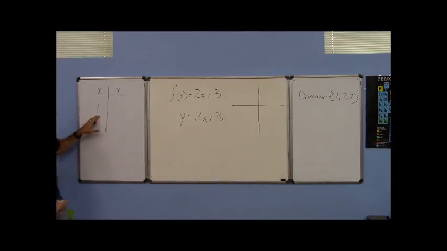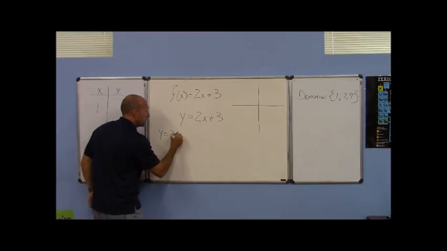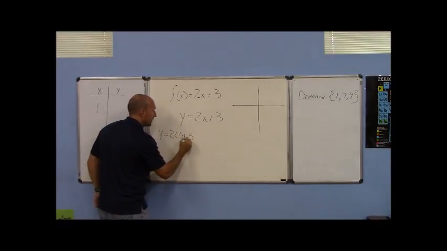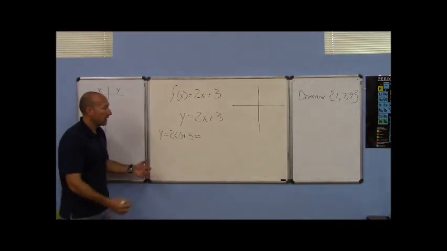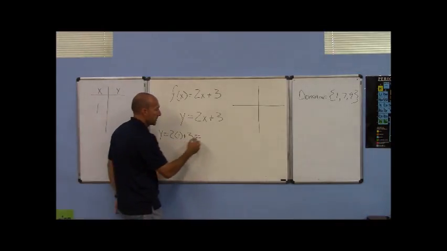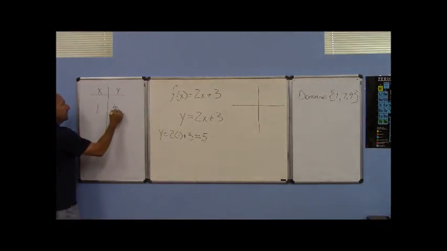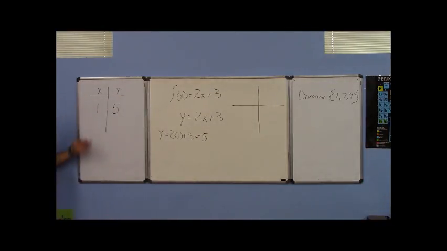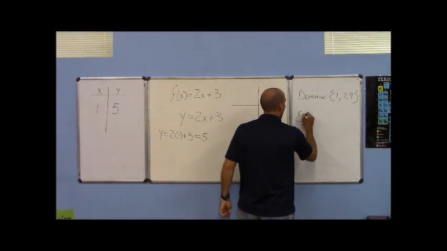So we have 1 for x, so let's solve for it. Y equals 2 times 1 plus 3, which gives us what? 5. 2 times 1 is 2, plus 3 is 5. So our y value is going to be 5. What we have just done is found a coordinate. We have found the coordinate of 1 and 5.